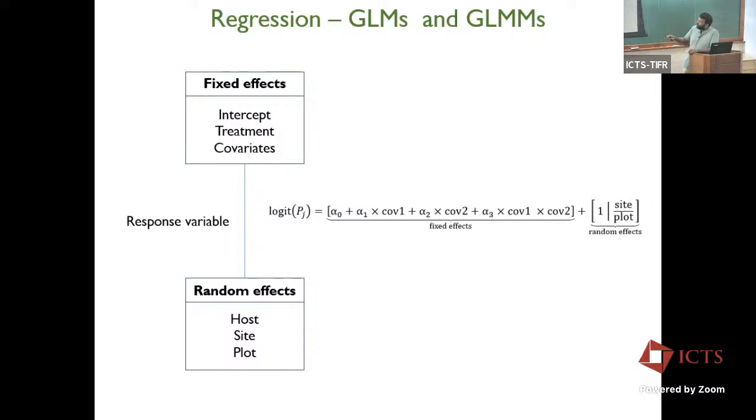What you have here is COV1, COV2, and COV1 into COV2. In your model itself, you specify this slightly differently, but conceptually you have an independent impact of covariate 1, let's say something like canopy cover, and an independent impact of soil.